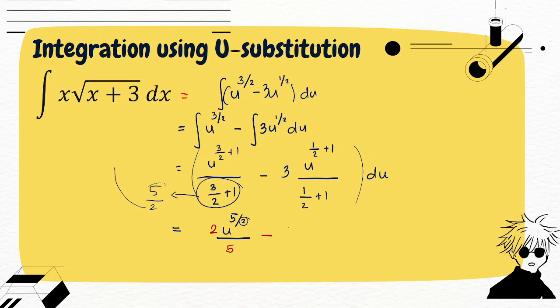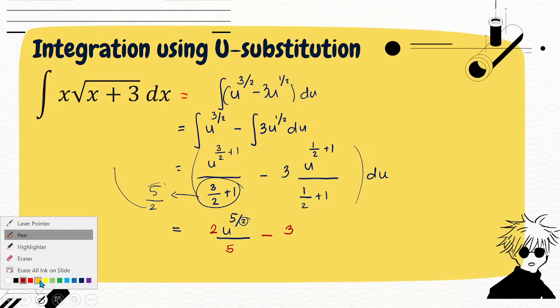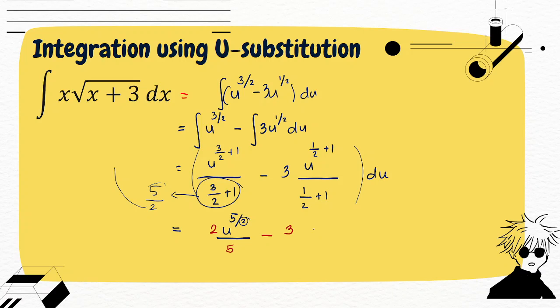Minus 3. 1/2 plus 1. U raised to 3 over 2. Anong reciprocal ng 3 over 2? 2 over 3. Okay, let's answer. What's the answer? 2 over 5 times U raised to 5 over 2 minus 3 times 3.